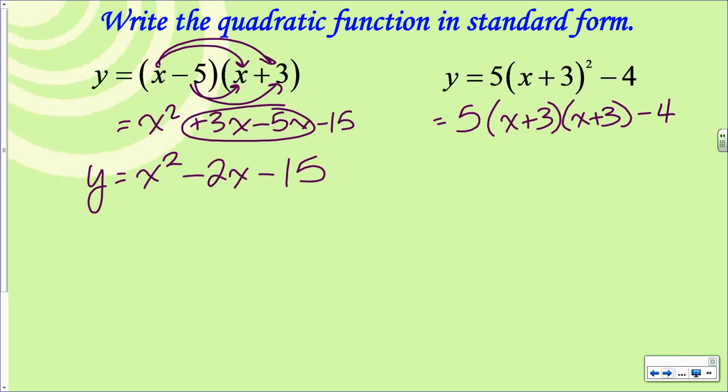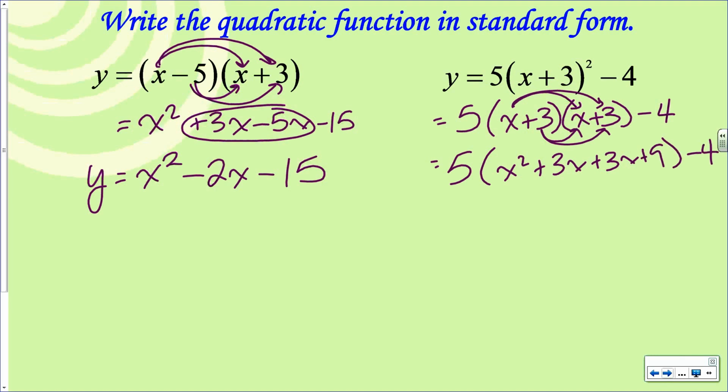Well, if I'm going to do this, I'm going to do my parentheses first. I'm going to do this part first and then distribute the 5 through my answer. Okay? So here I go. X times x is x squared. X times 3 is 3x, and 3 times 3 is 9, and then minus 4. Then I get 5 times x squared plus 6x plus 9 minus 4.